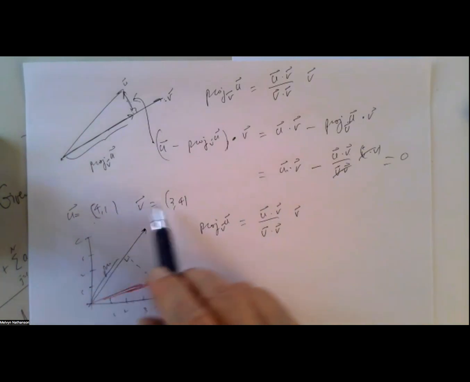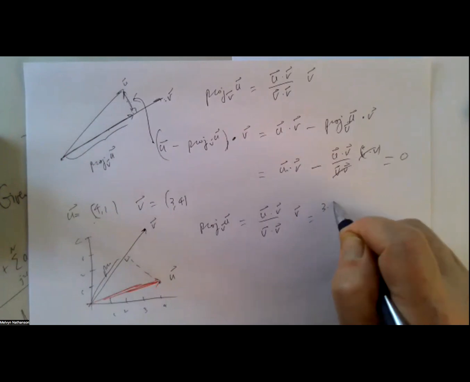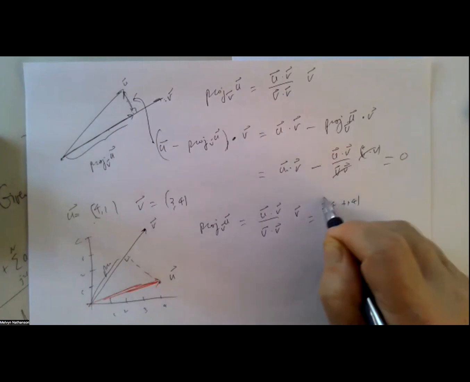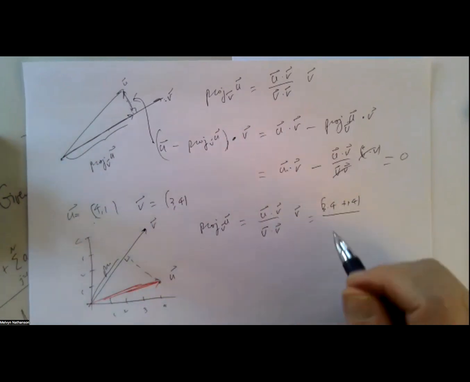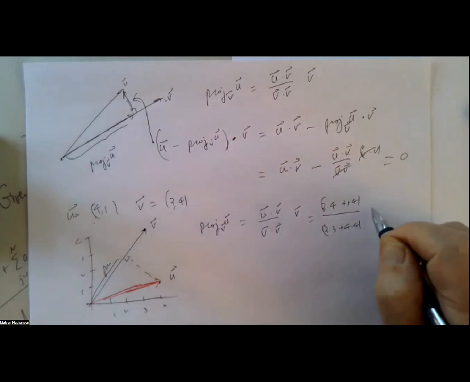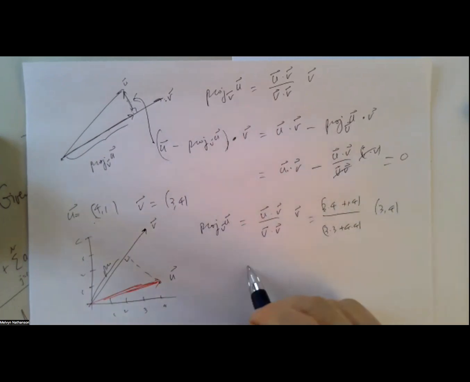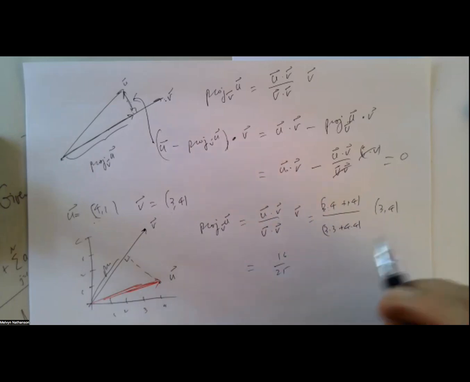This is the projection. So this is U dot V over V dot V times the vector V. The dot product of U and V is 3 times 4 plus 1 times 4. The dot product of V with itself is 3 times 3 plus 4 times 4, times the vector V. This is 12 plus 4. This is 16 over 25 times 3, 4.